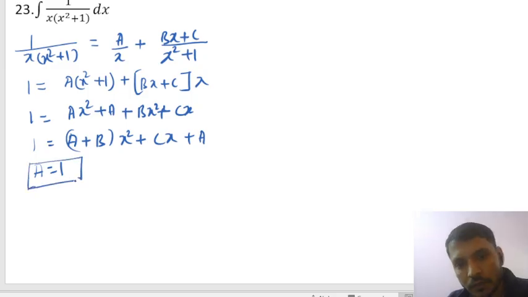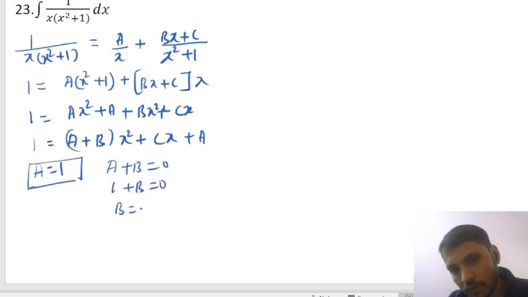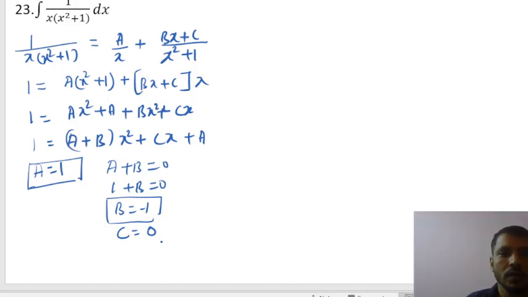And a plus b, because there is no x square term on the LHS, is equal to 0. So 1 plus b is equal to 0, that means b equals minus 1. Now we need to find c. c is also equal to 0 because there is no x term, so it will become 0.